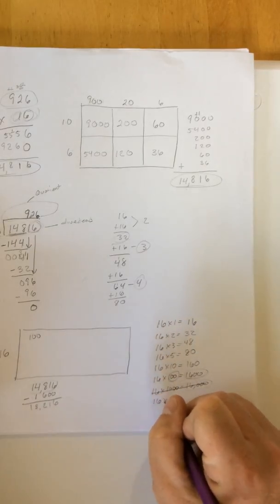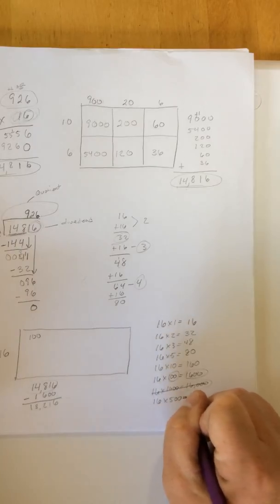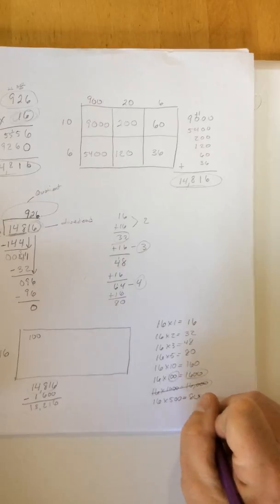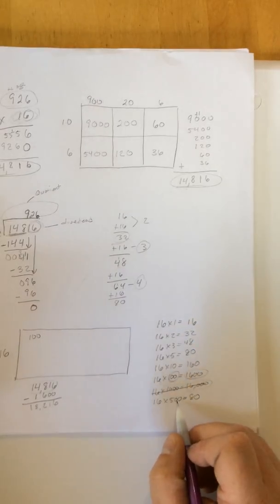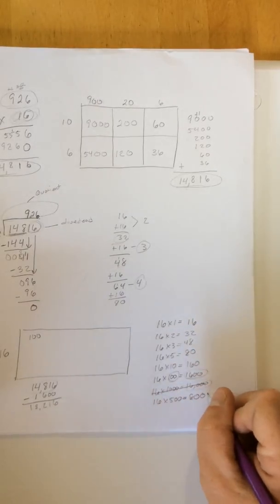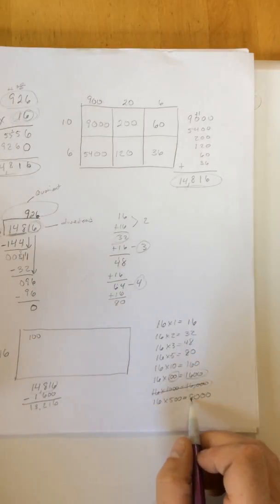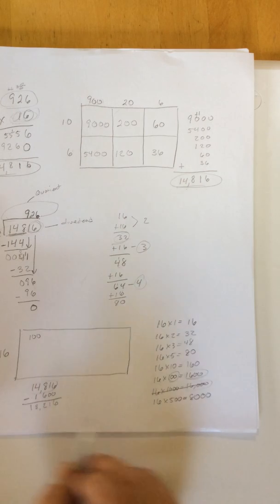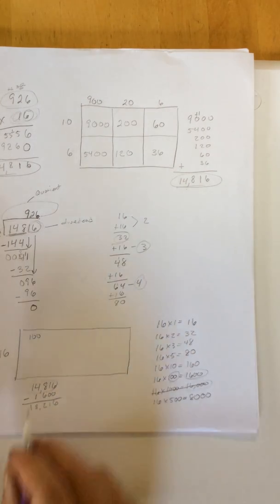So if I take 16 times 500, for example, well, I know that 16 times 5 is 80. Okay, we can do that. And then I have 2 zeros left to work with. Well, 8,000 is a pretty good sized number, is it not? But it's smaller than what we have. So maybe this would be a better idea.